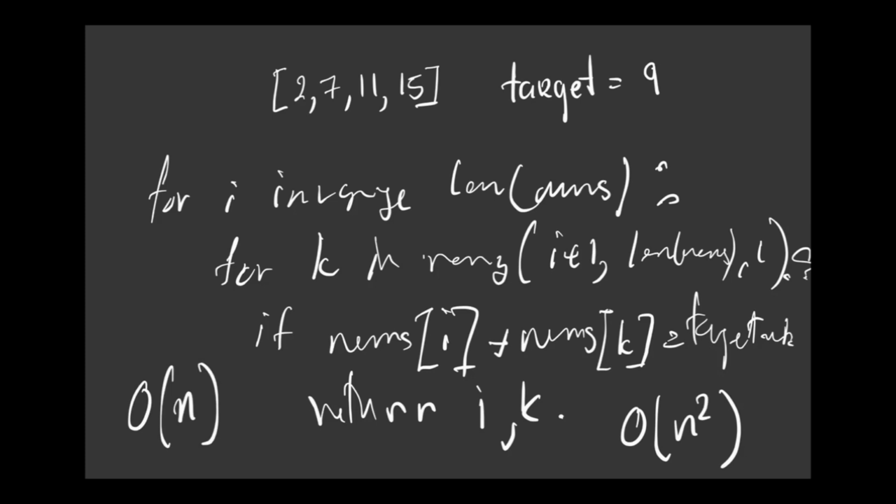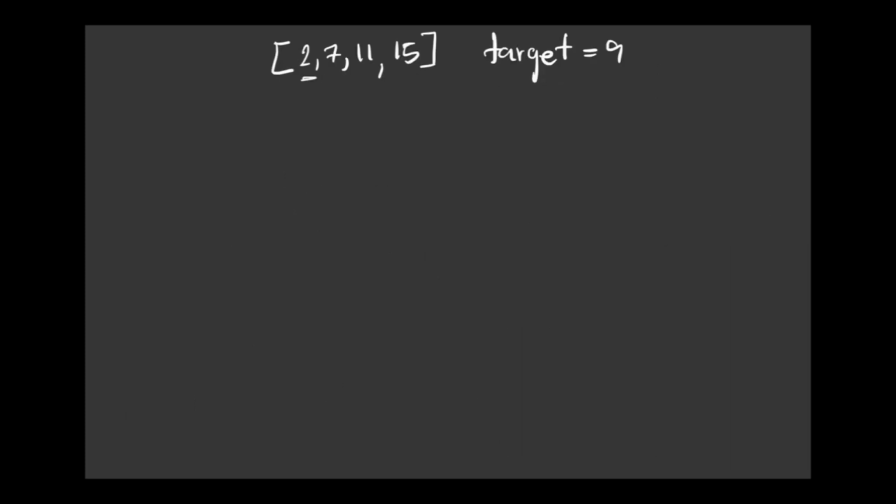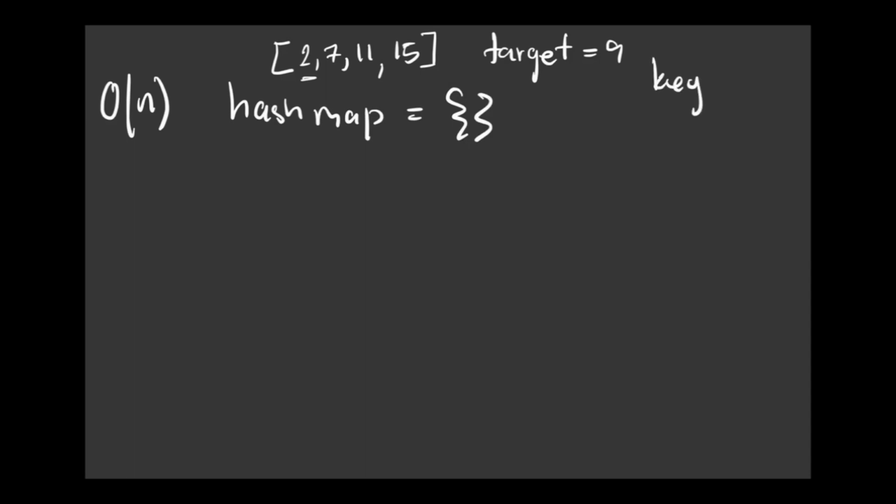There's a trick to this. To solve this problem with a time complexity of big O of n, we need to create an empty hash map. In this hash map, there will be a key and a value. The num will be added as a key, and the index of the num is going to be added as the value.